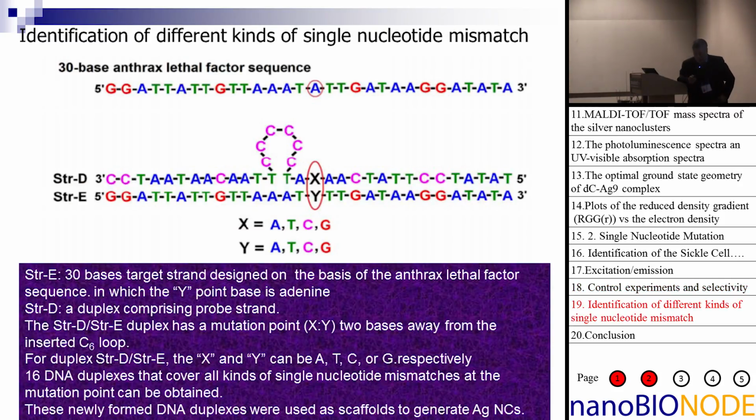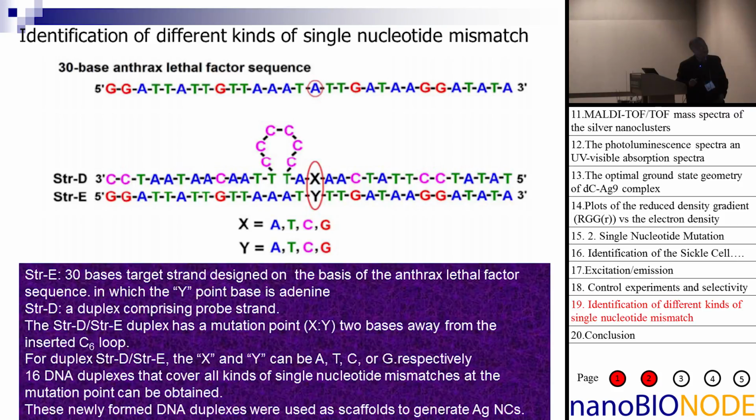In a similar way, we can use, for example, the 6-base anthrax lethal factor sequence. So here, this is a mutation point. If this is A, this is just in this series, the anthrax lethal factor.